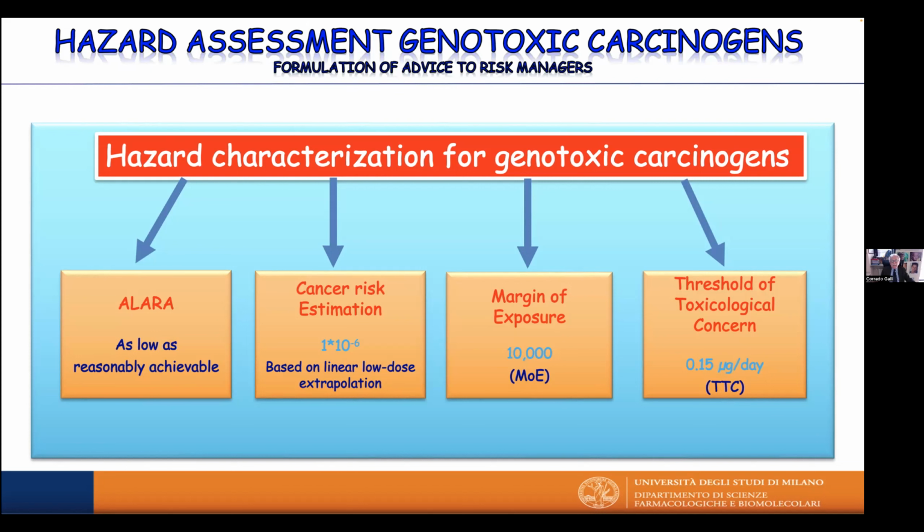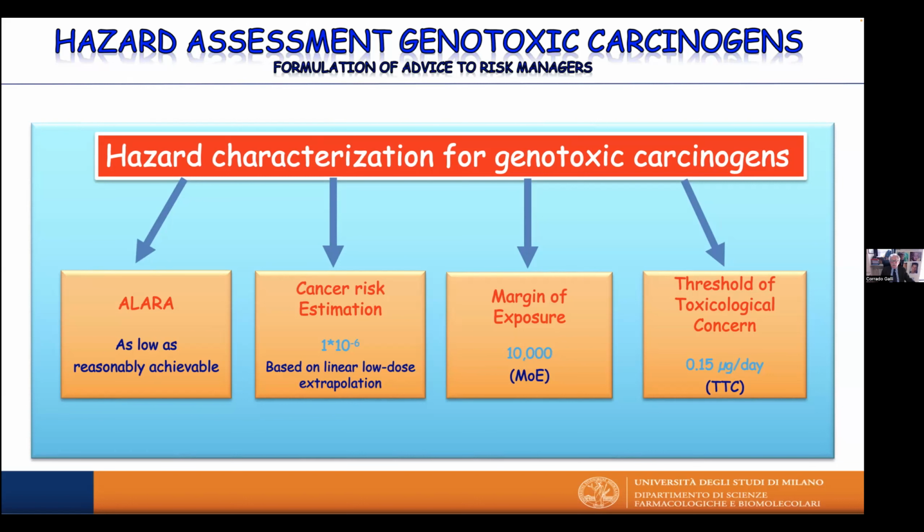The alternative is the margin of exposure, where we have an absolute number, which is 10,000. What is below 10,000 is of concern, depending of course on the number, and above 10,000 the concern is less and less.